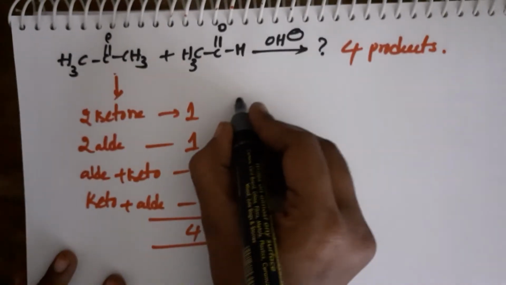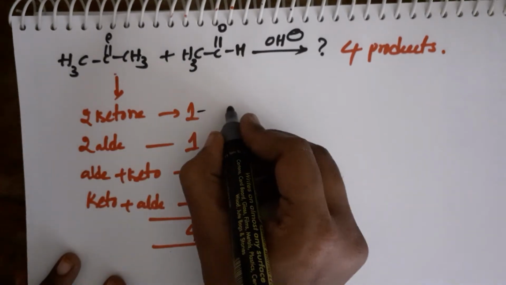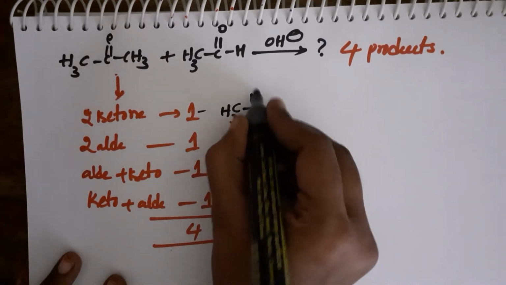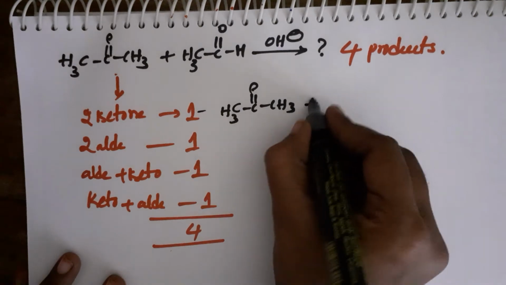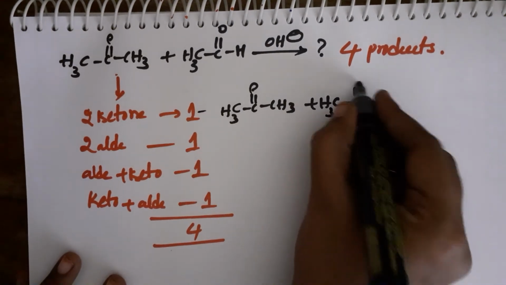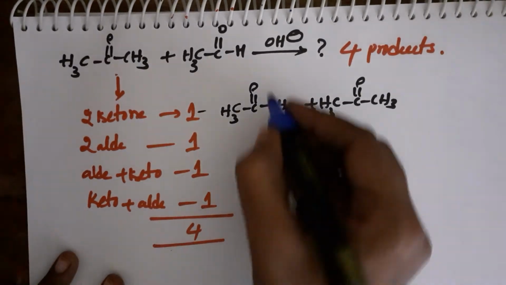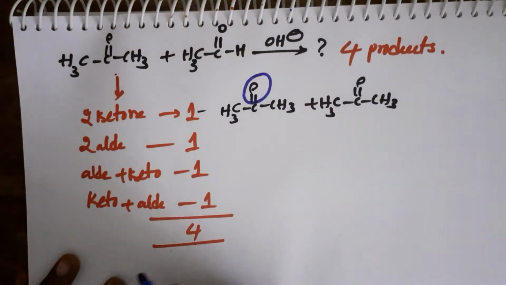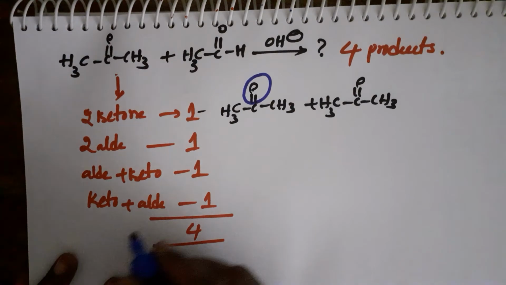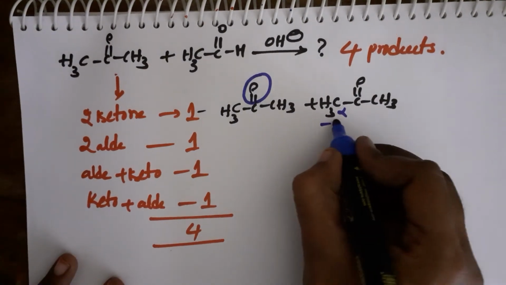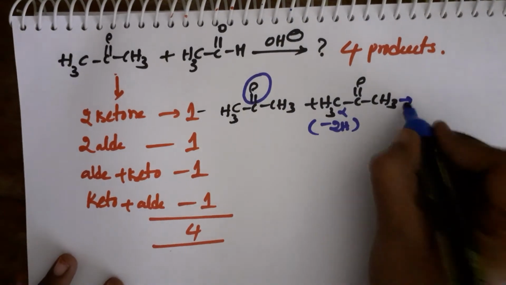Okay, here first I am taking two ketones like this: CH3, C double bond O, CH3 plus CH3, C double bond O, CH3. Apply the trick. Remove the double bonded oxygen in one carbonyl compound, and remove two alpha hydrogens, then write the product.